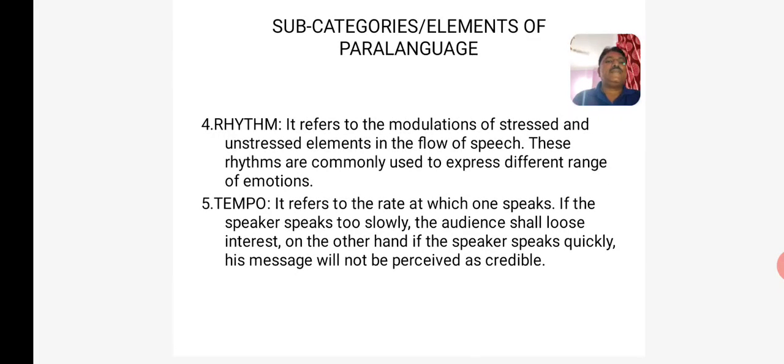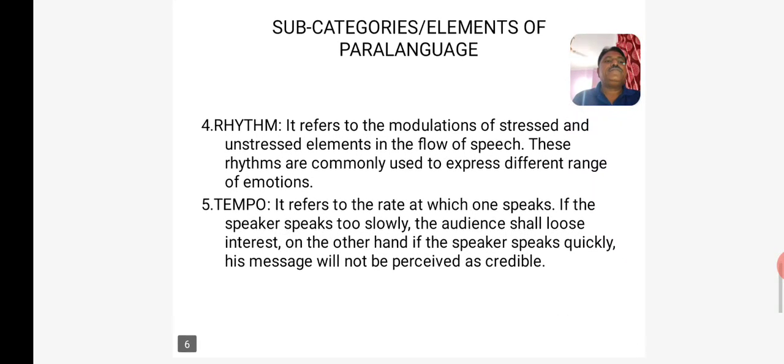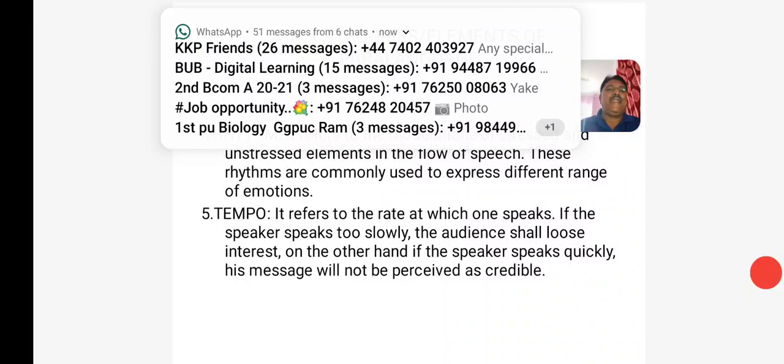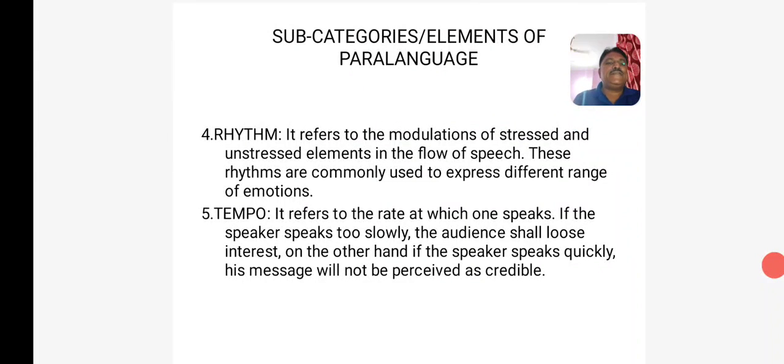Let us discuss the next subcategory, or element, of paralanguage. That is the fourth one, rhythm. Rhythm refers to the modulations of stressed and unstressed elements in the flow of communication.